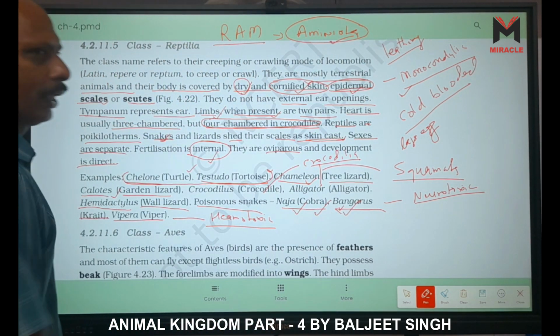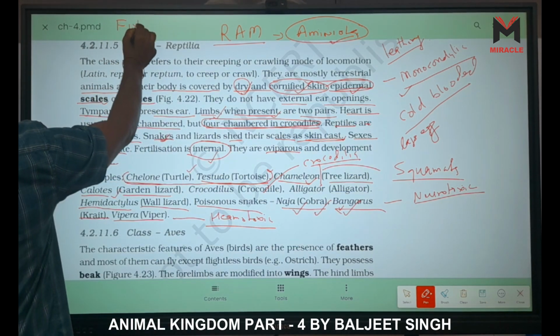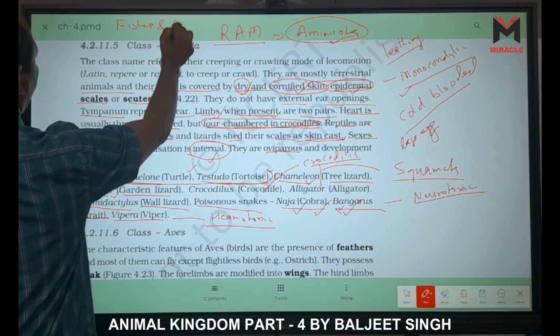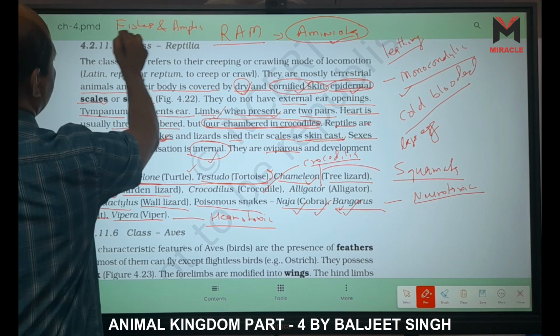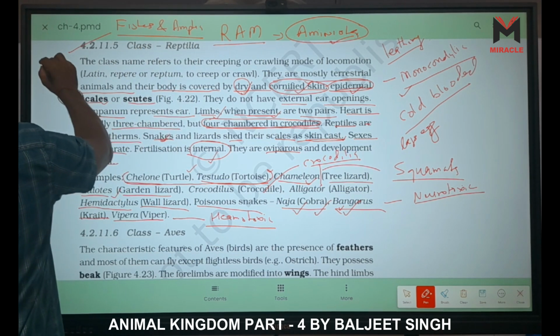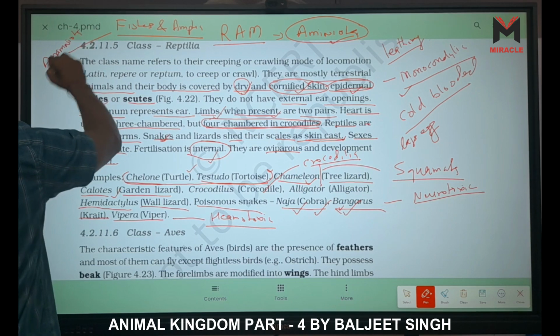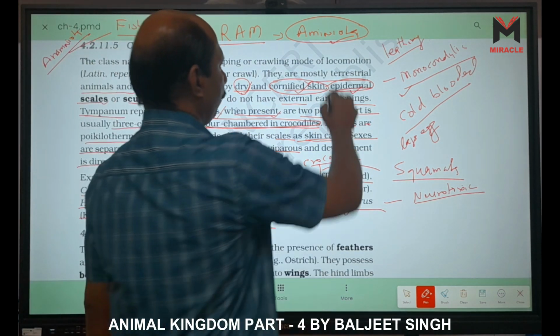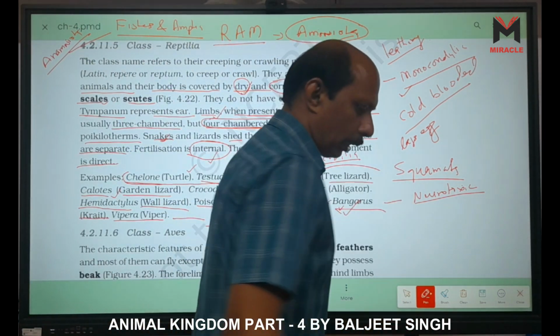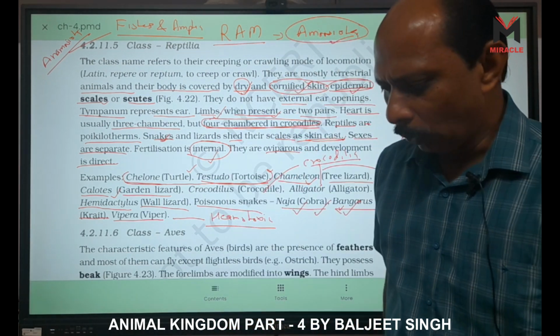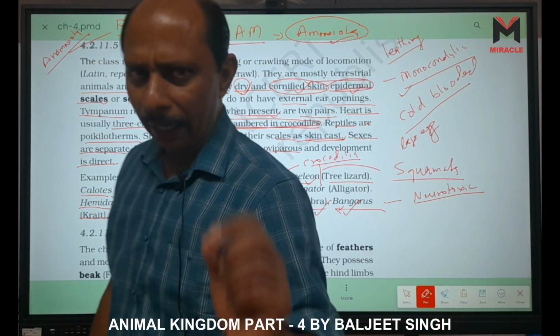And fishes and amphibians, they both are called anamniota. So what do you mean by amnion? It means chorion, amnion and allantois.